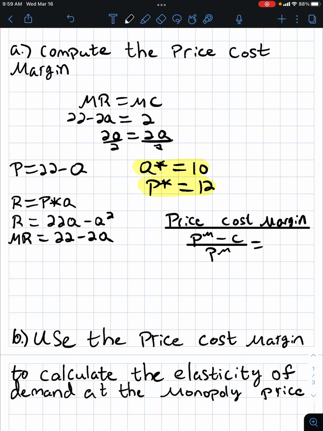So this is going to be equal to 12 minus 2 over 12. And this is equal to 10 over 12, or 5 over 6. This is the price cost margin, our solution for part A.